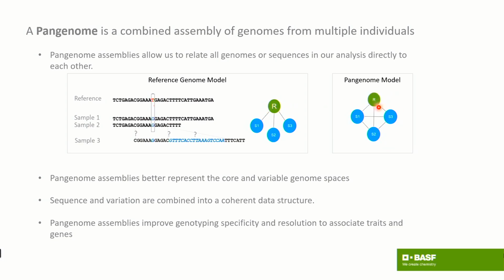In contrast, in a pangenome model, we're really comparing every individual to each other. And so we're able to better represent the core and variable genome spaces because we're not suffering this reference bias by comparing everything to one reference. We're also able to make it more efficient by combining sequence variation into a single data structure.